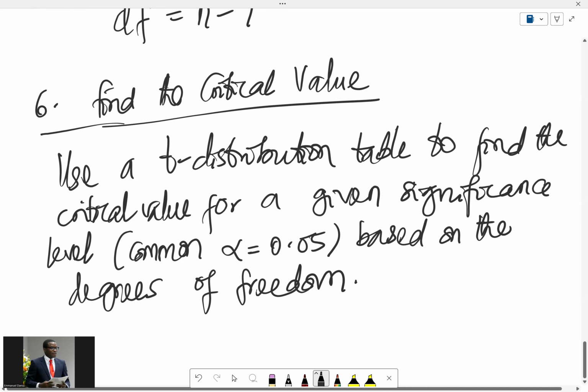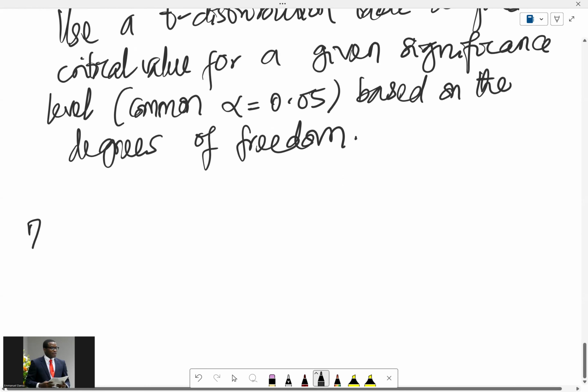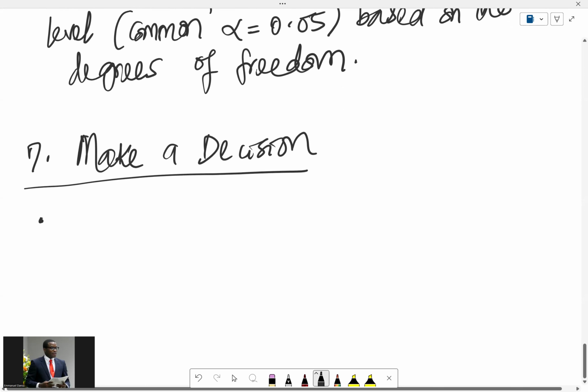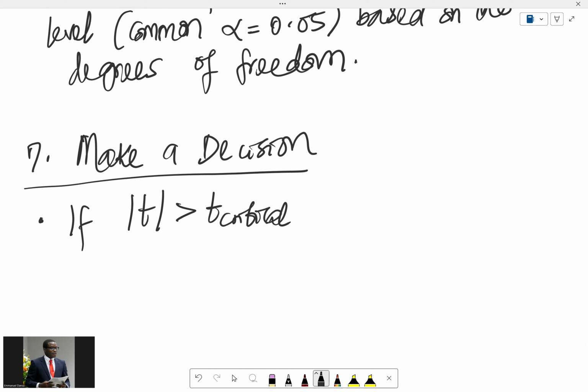Okay. And lastly, you have to make a decision. The decision rule is this: if the absolute value of t is greater than the critical value, reject.